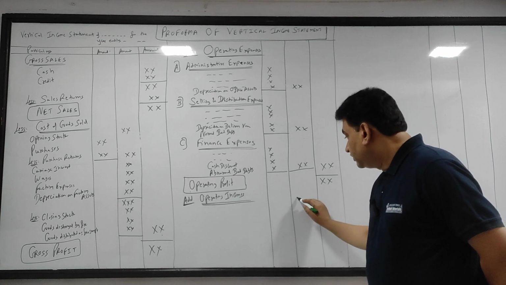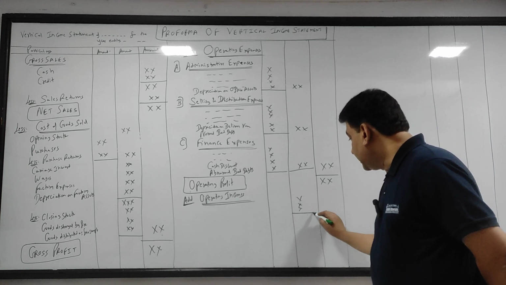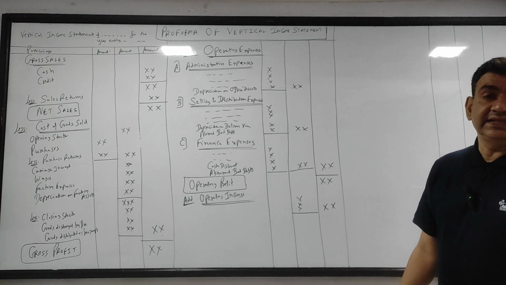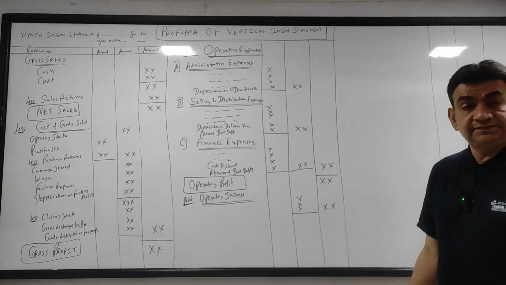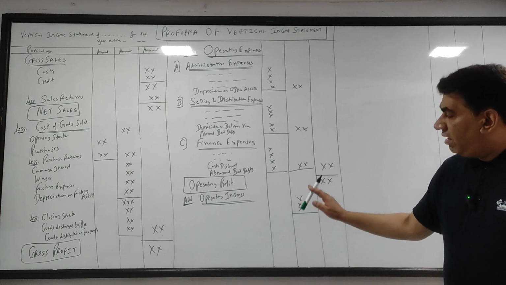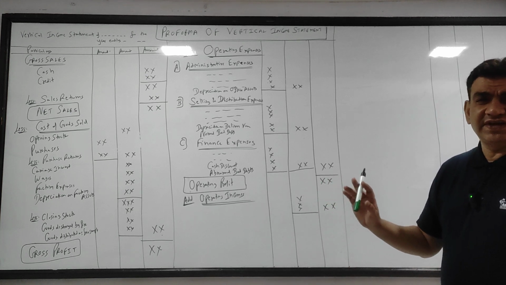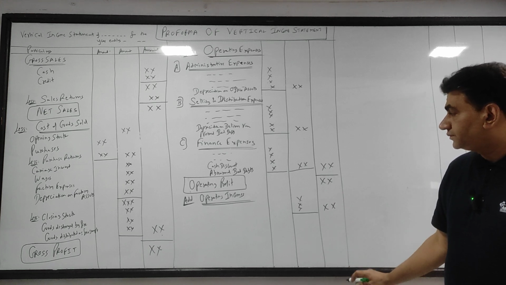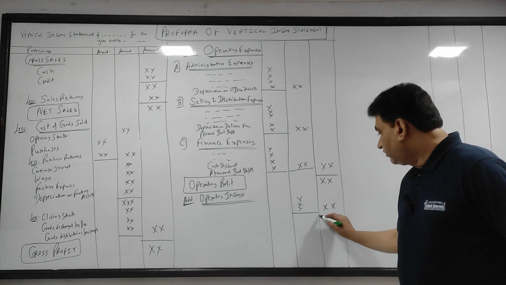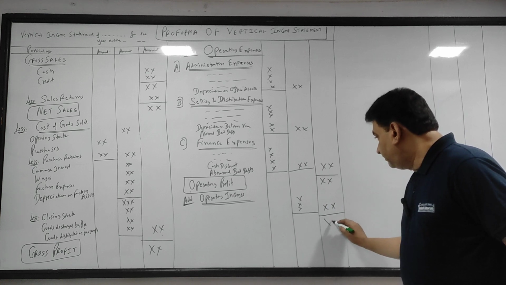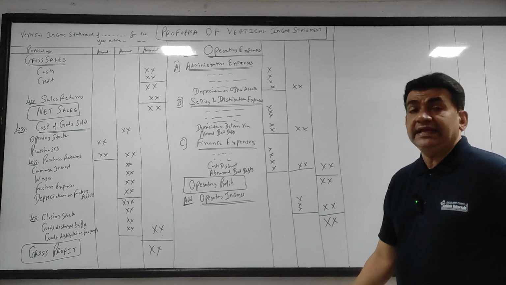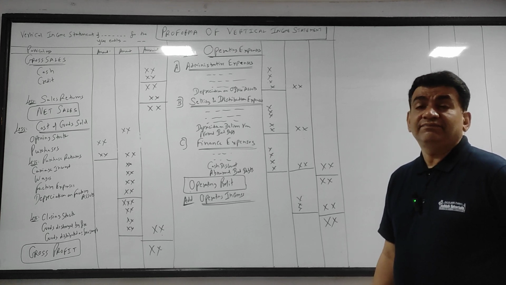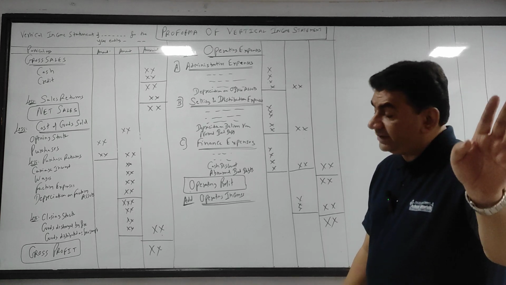What you will do? You will put all of them in the second column and take the answer in the third column. Got it? Operating income items are always very few or they may not be there. So now operating profit plus operating income.